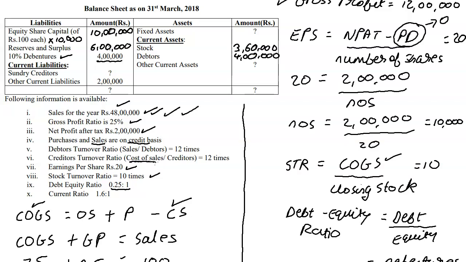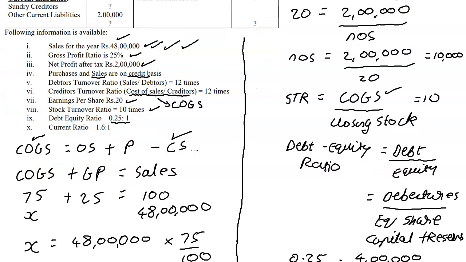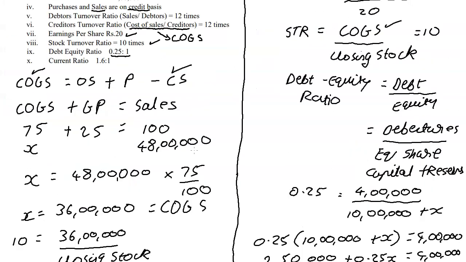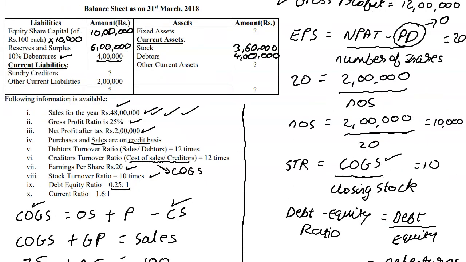But the question clearly says that the formula is cost of sales, or in other words, cost of goods sold, upon creditors. Now life becomes easy. Maybe this warrants another copy downstairs.